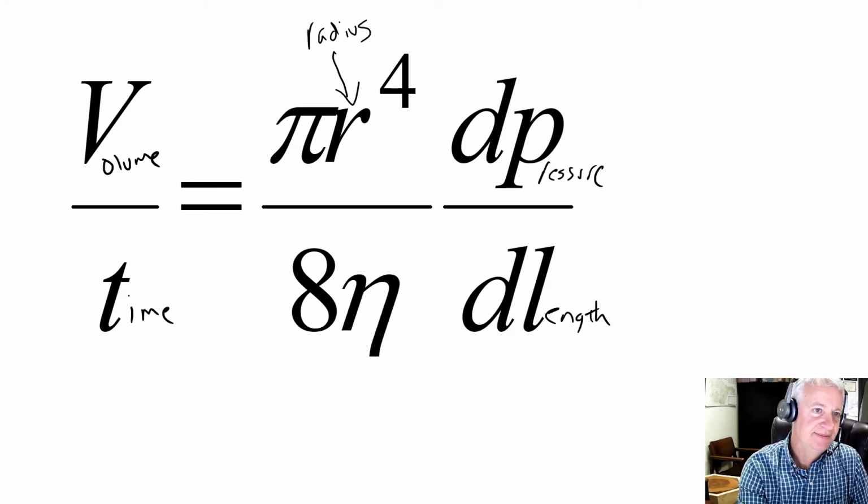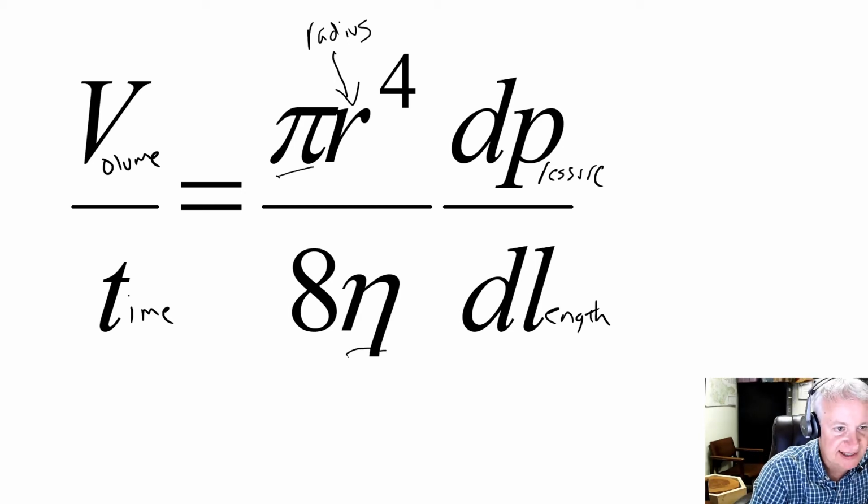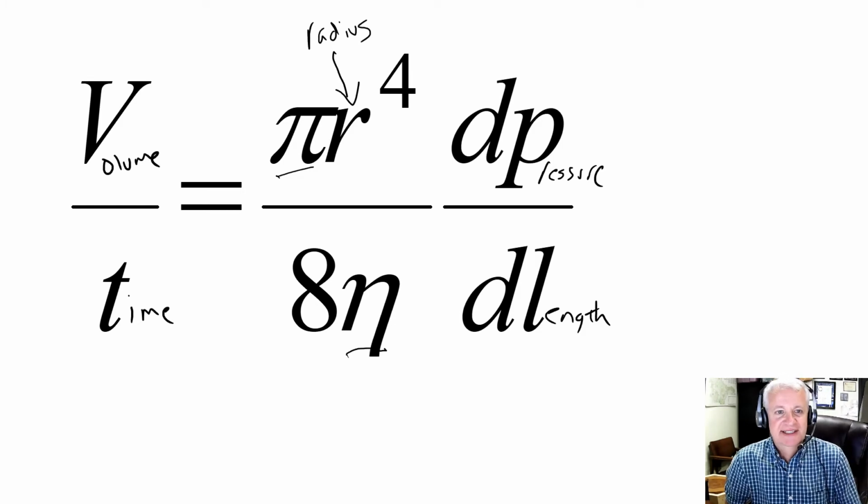And then you've got pi here, and you've got a constant here, the Hagen-Poiseuille constant.